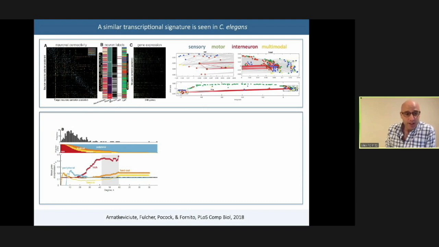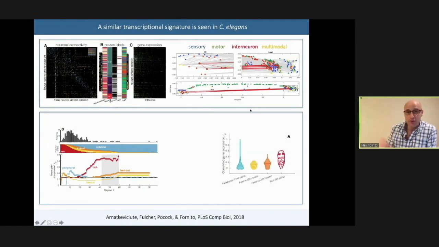To dig a bit deeper, we can cut these data at a specific hub threshold and just plot the distribution of correlated gene expression estimates across all edges in each category. So here we've got the distribution for rich links, different types of feeder links, and peripheral. But then we can look at other pairs of regions in the worm.